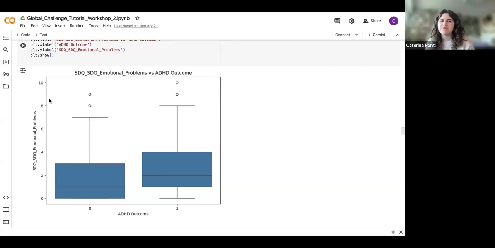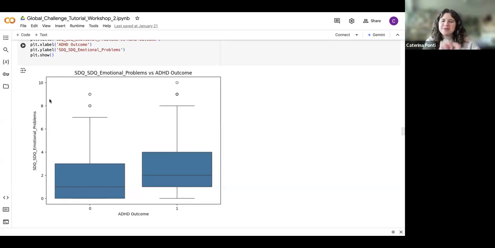Some observations from this graph that came to mind, but there are probably many. The box plot reveals that individuals diagnosed with ADHD tend to have a higher score on the emotional problem scale. As you can see, category 1, which means yes, ADHD diagnosed, has a higher median score.